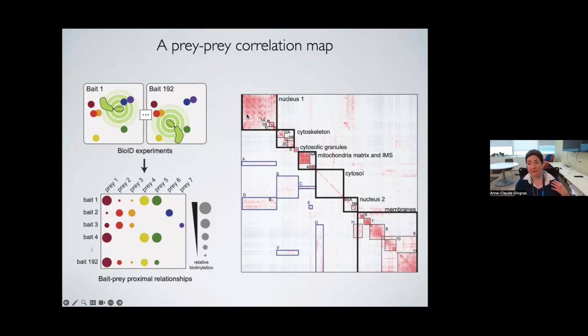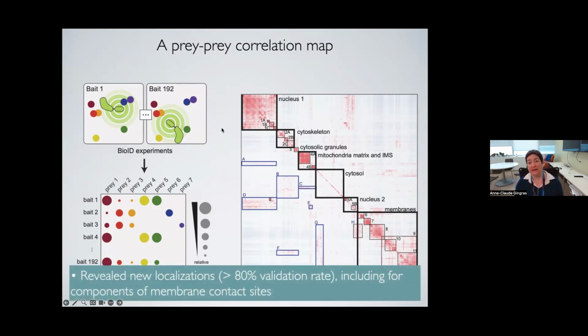So this is really powerful, and it really helped us in defining new localization for very poorly characterized proteins, and we had a really high validation rate, at least 80%, for the new localization predictions, and we were also able to find new components of membrane contact sites that we could validate functionally.